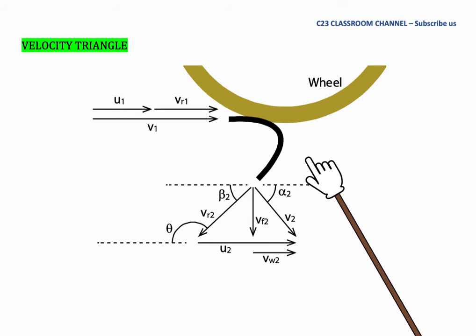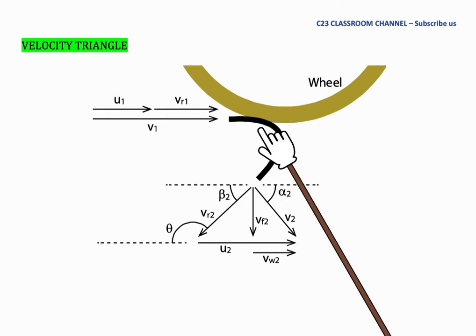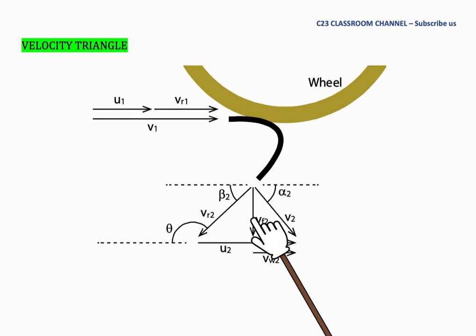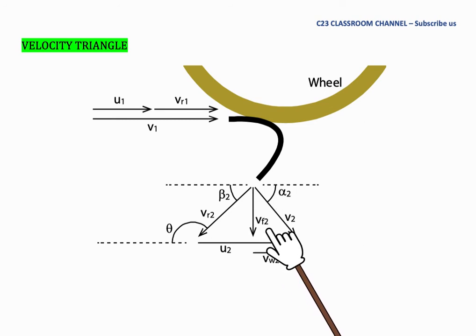And then for the flow velocity, we assume that after the water jet hits the bucket, the water will fall down vertically. So we draw a vertical line here and call it VF2. And then the component of VF2 is the whirl velocity.